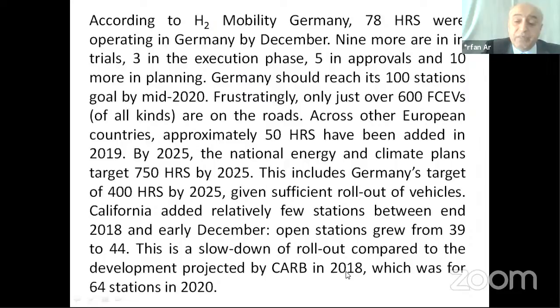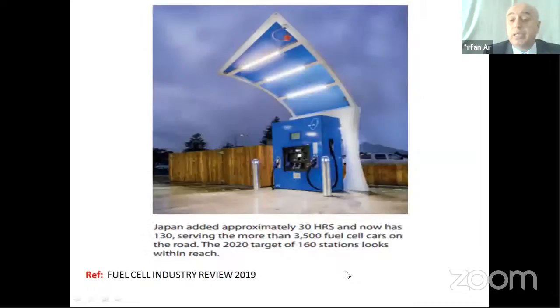California added relatively few stations between the end of 2018 and early December. Open stations grew from 39 to 44. This is a slowdown of rollout compared to the development projections from 2018, which was for 64 stations in 2020.